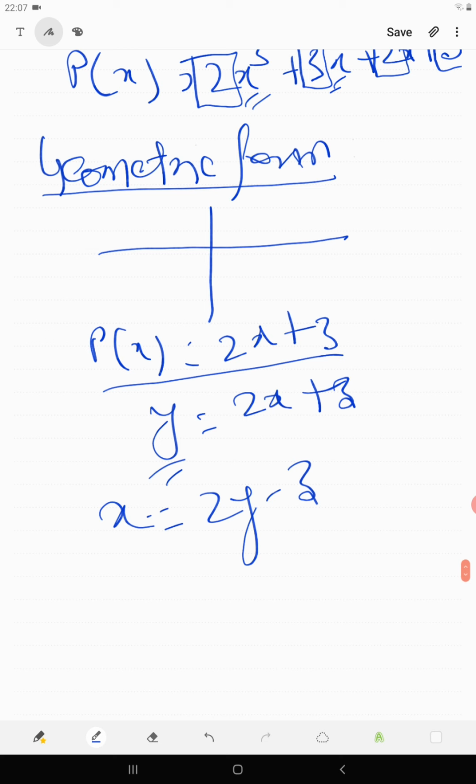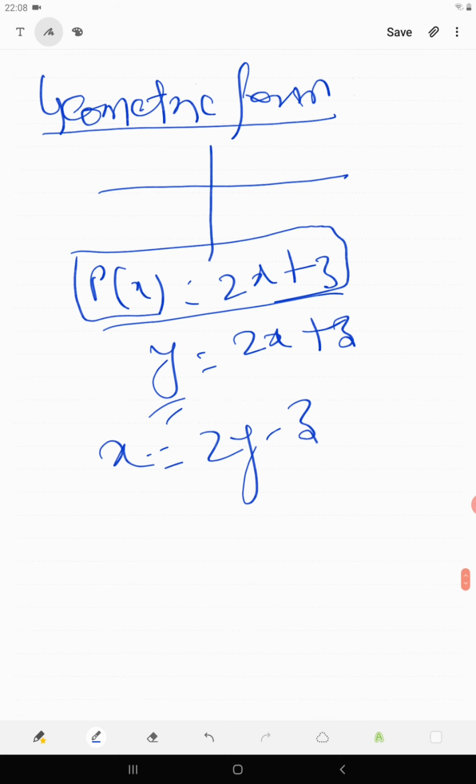So any form can be represented. You will not see a 2D system written as p(x) equals something. Of course there is no harm in writing it, but it will always be in the form of y and x. Y can be on the left side, represented in the form of x, or x can be represented in the form of y. I have shown you two examples over here. Similarly for the quadratic and cubic systems also.